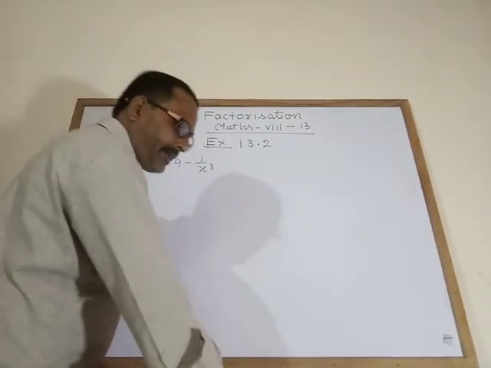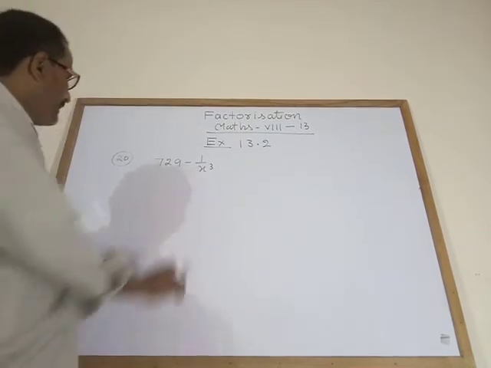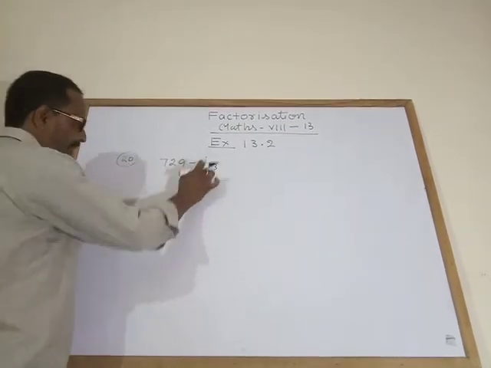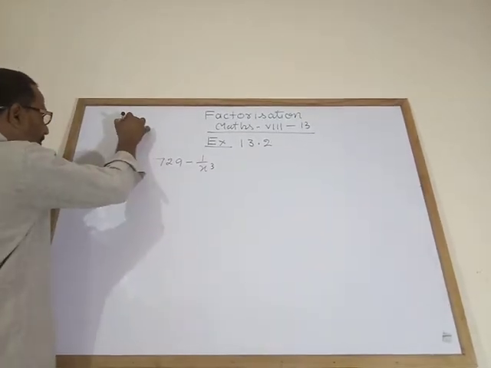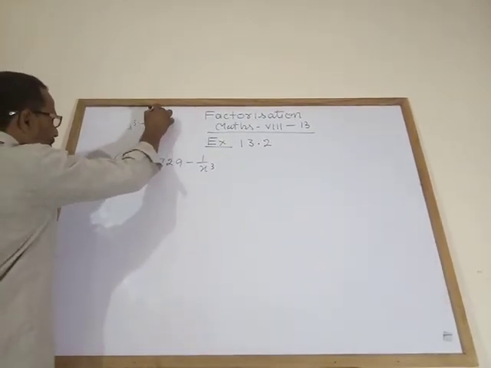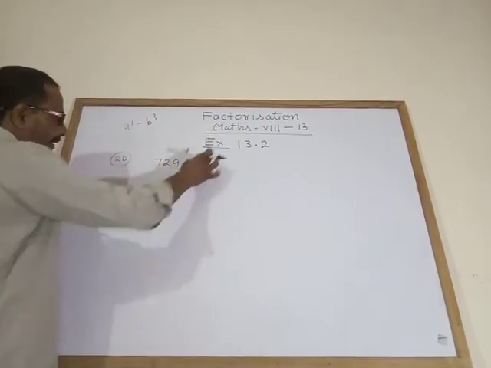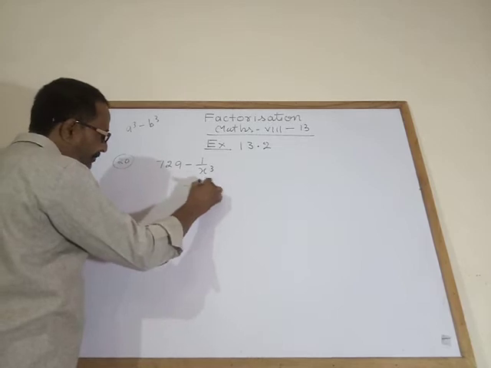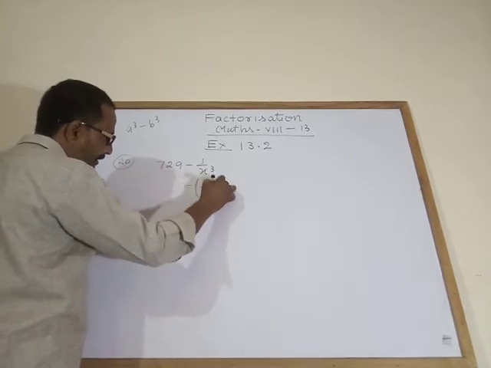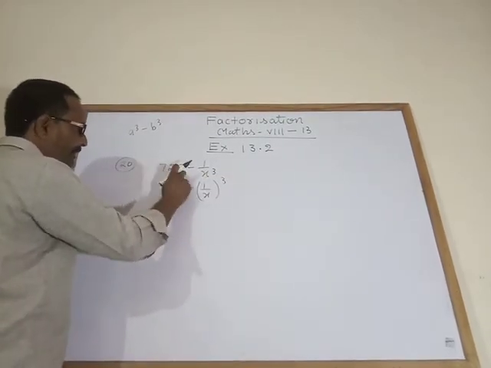How can you factorize? Change this expression into the form of a cube minus b cube. You can see that 1 upon x cube is already in the form of b cube. You have to change this one.